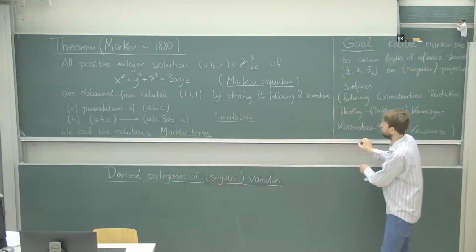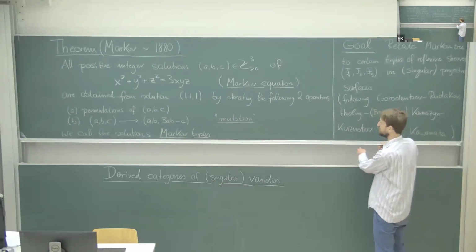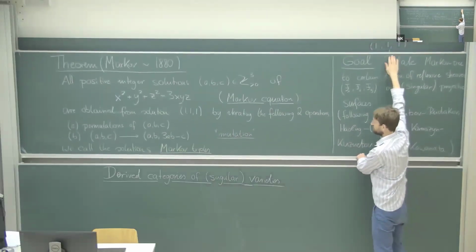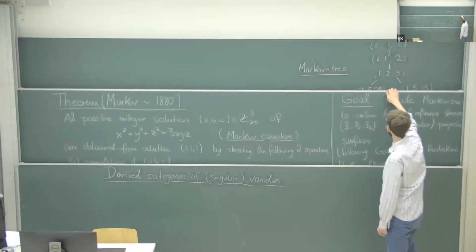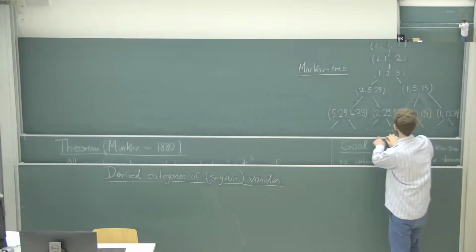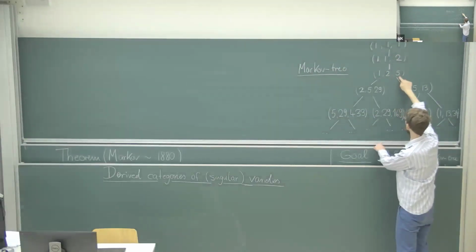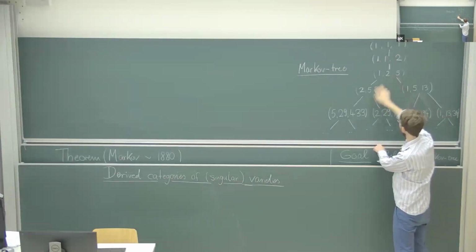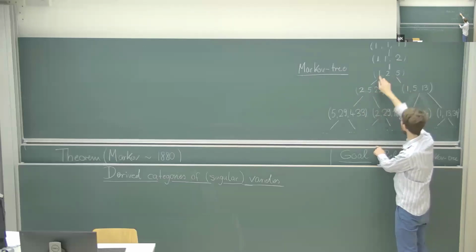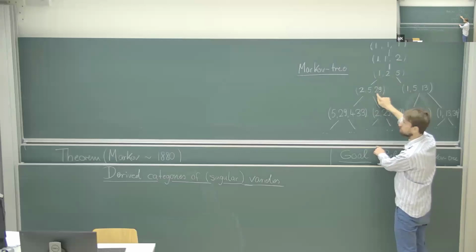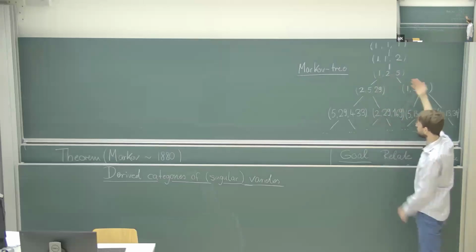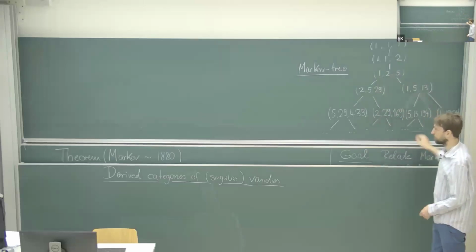In this tree, going from 1, 2, 5 to here, we first permute so that the 2 and the 5 are in the beginning, and then we apply this formula: 3 times 2 times 5, which is 30, minus 1, so that's the 29 here. This is how all these solutions are obtained.